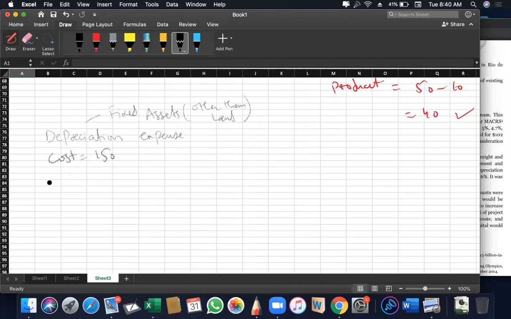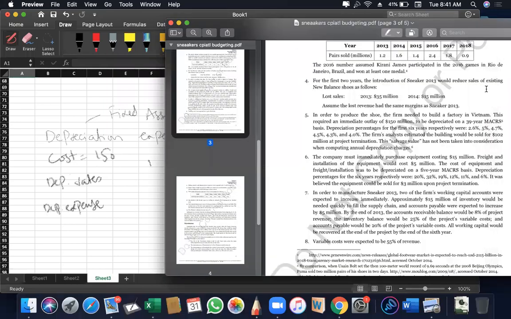So here we will write depreciation rates, and for how many years do we have to calculate? 1, 2, 3, 4, 5, 6 years. And here, depreciation expense. The rates are given, so let me put the rates.